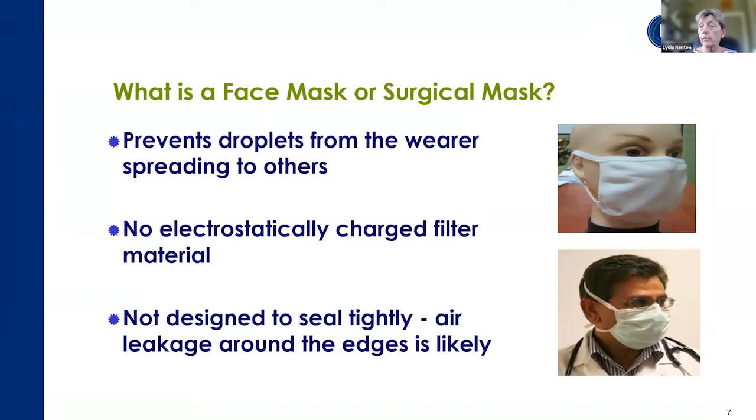One of the big differences for these surgical masks or face masks is that an N95 or above will have an electrostatically charged filter material, which is one of the mechanisms it uses to attract some of the particulate matter in the air. These are not designed to seal tightly. The air is going to leak around the edges. It's not that it's likely, but rather, how much is it going to leak?